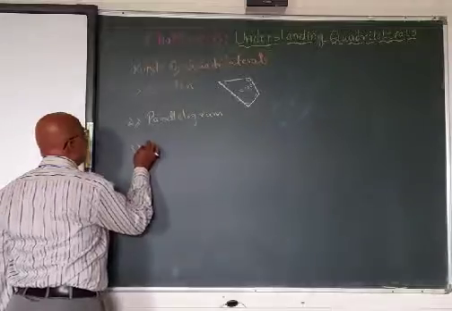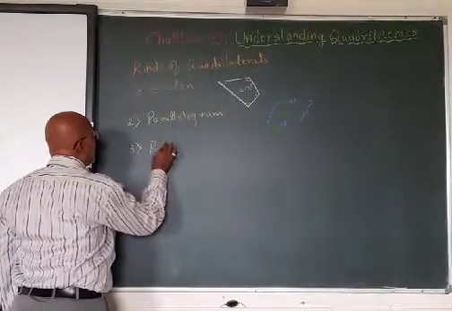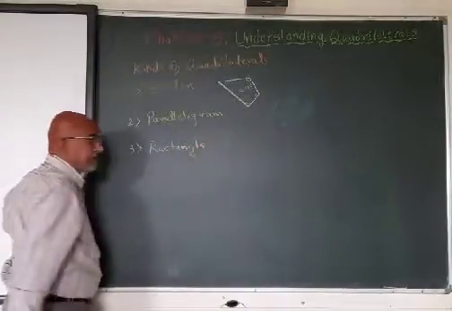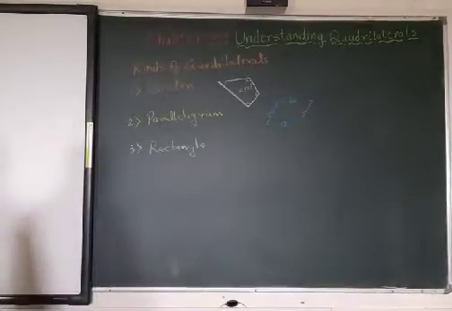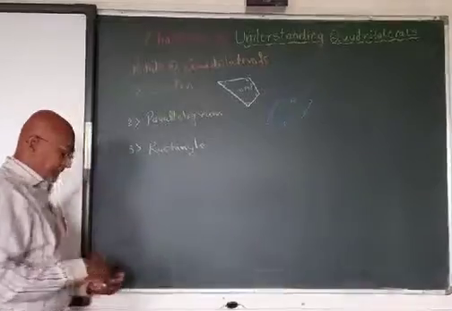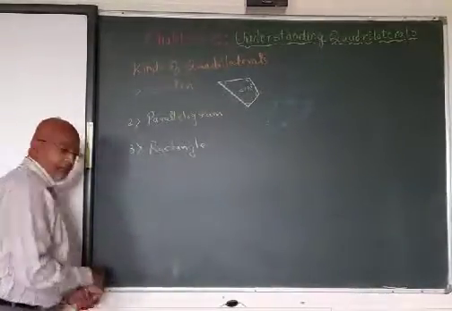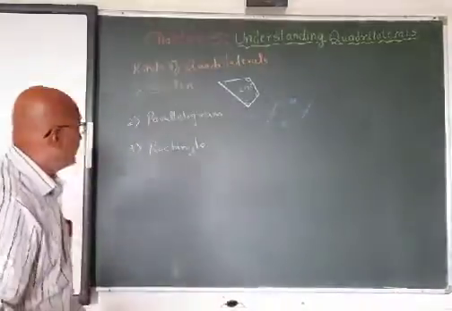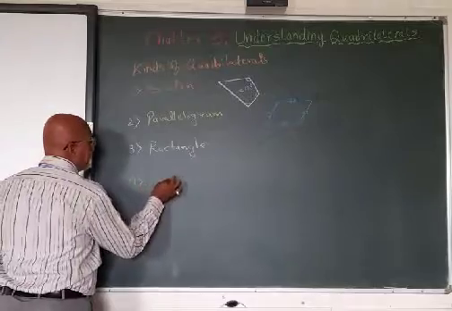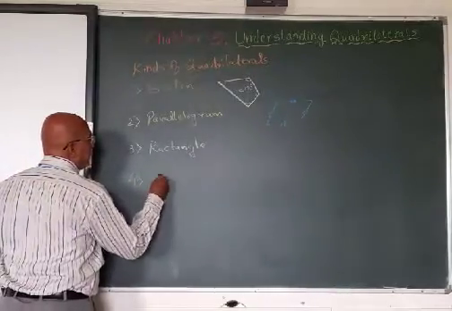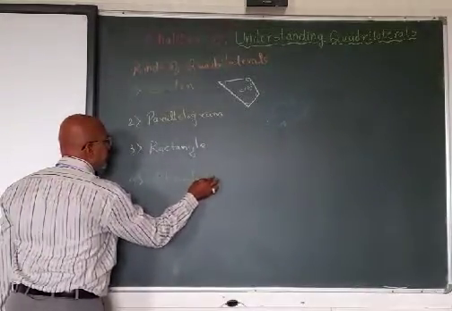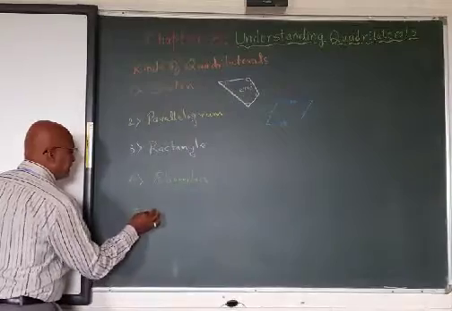The third one is rectangle. Fourth one is rhombus. Fifth, square.